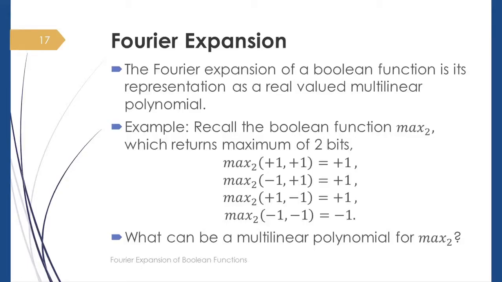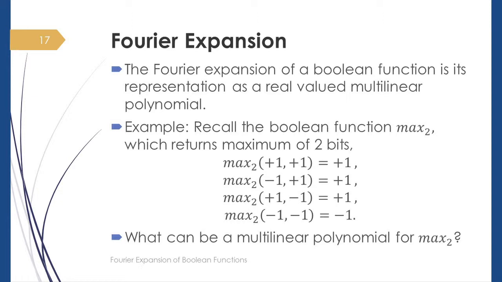At a high level, the Fourier expansion of a Boolean function is its representation as a real valued multilinear polynomial. So, the x's in the previous example can take on real values, as can the constants. That is the most general form.